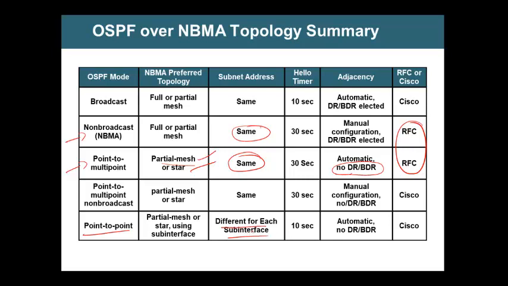Now, after you finish these two labs, you might have seen in the video me showing this one. This one is the combination of the above two. You see the name, point to multipoint, non-broadcast.